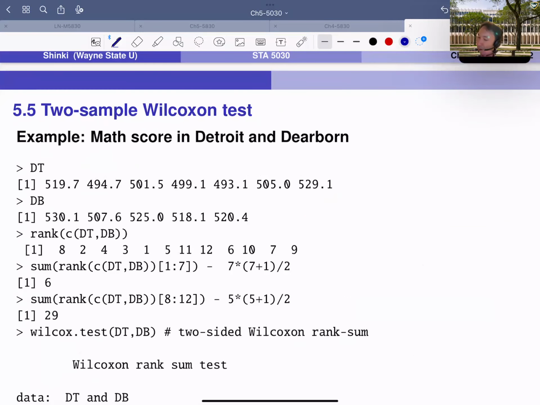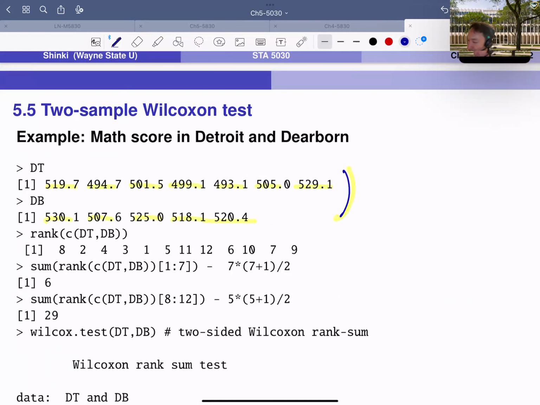So we have 7 observations from Detroit, and we have 5 observations from Dearborn. At first, we just make this one group, and we rank the observations.